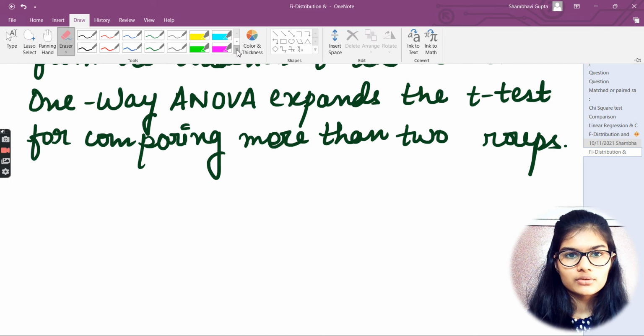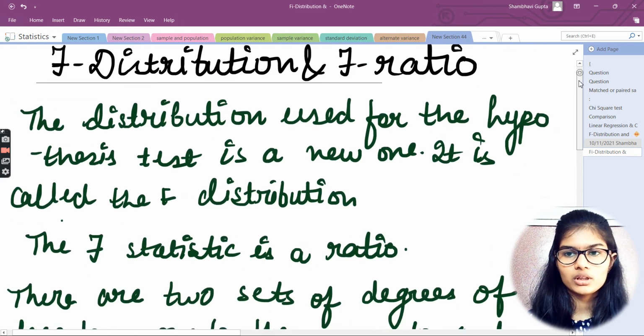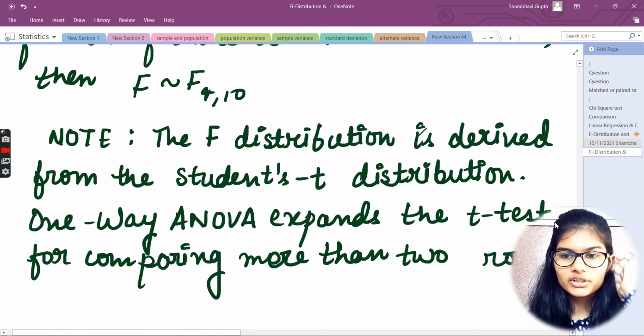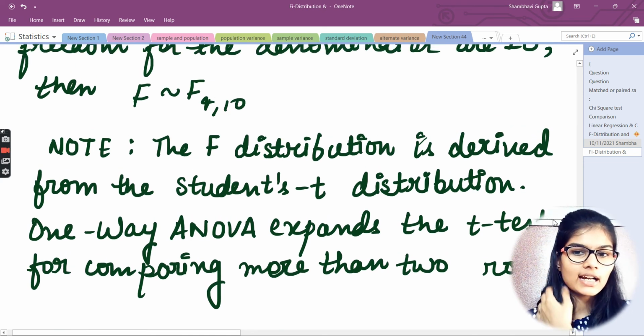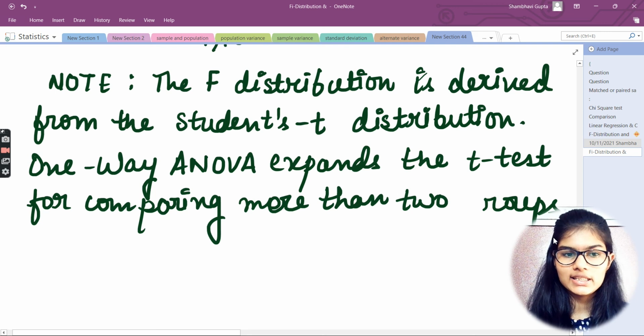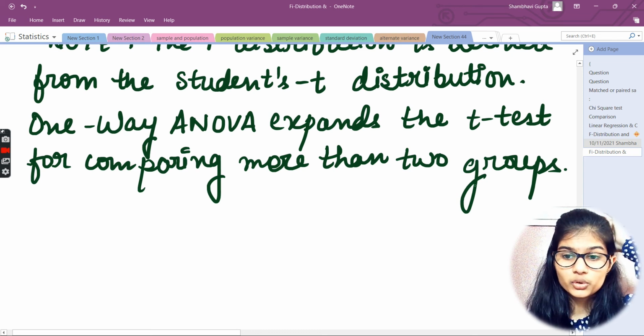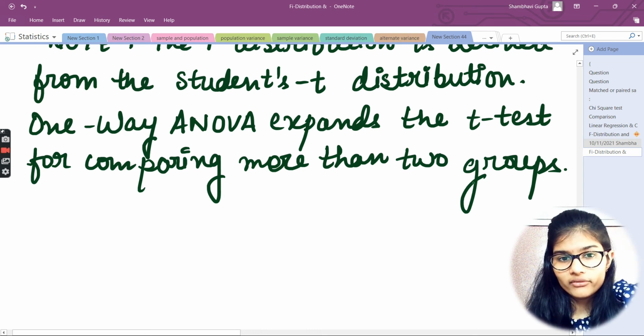Let me take out a color again. Here goes the groups as well: for more than two groups. One-way ANOVA expands the t-test for comparing more than two groups.